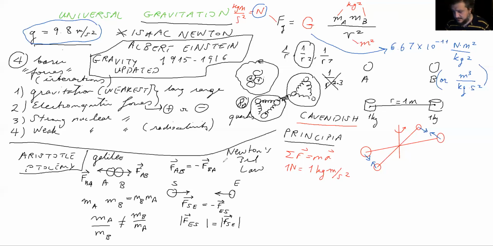Remember in Newton's second law, mass was a measure of how difficult it was to accelerate an object. So mass was F over a. This is the inertial mass. You know inertia, right?